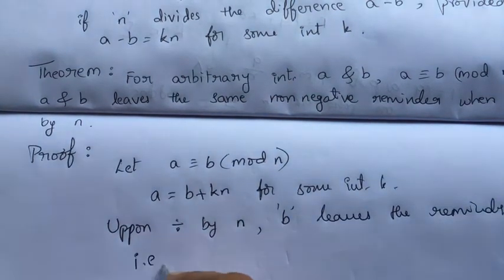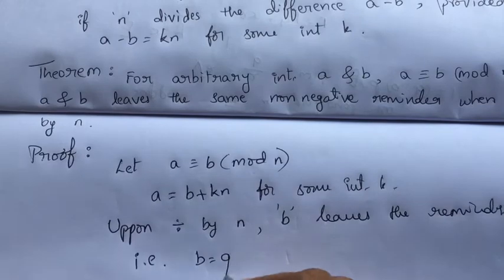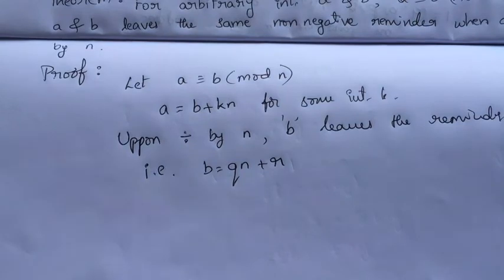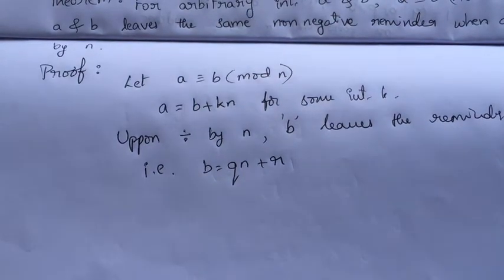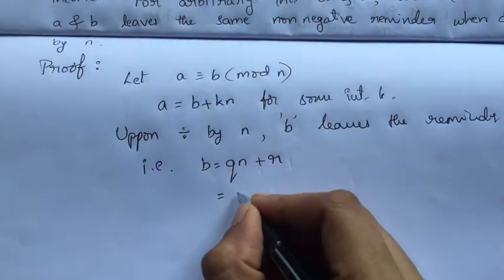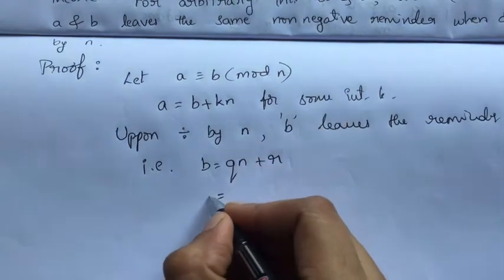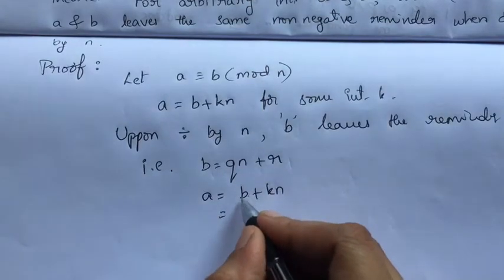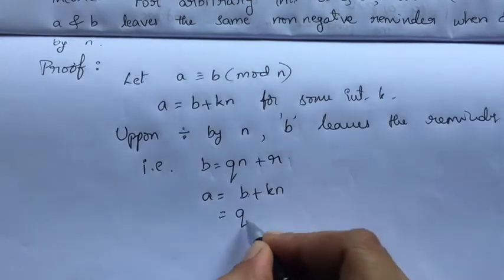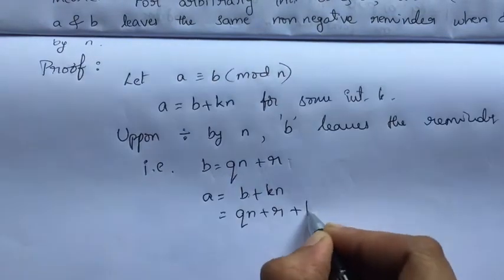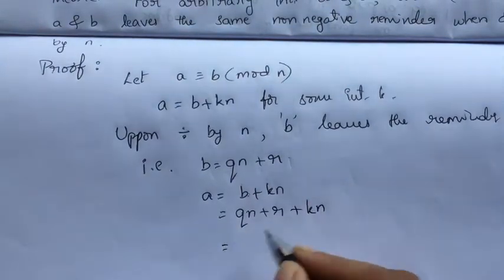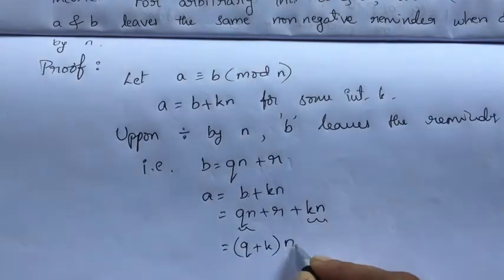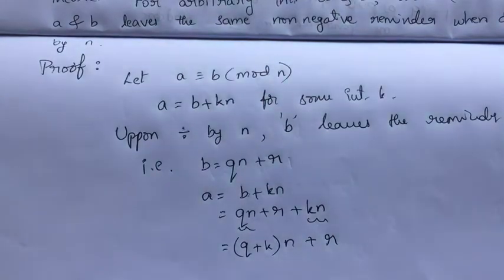That is, I'm writing b as qn + r. Then I can write a = b + kn, rewriting a by substituting b as qn + r: a = qn + r + kn. This is the same as writing (q + k)n + r.